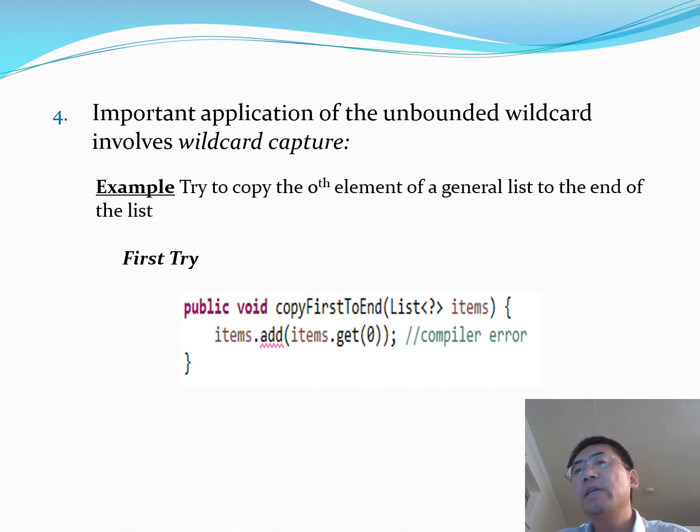First, you have to get the first element from the list, and then you have to add it at the end of the list. Because this unbounded wildcard is actually a wildcard using the extends keyword, we cannot add items. So what can we do?